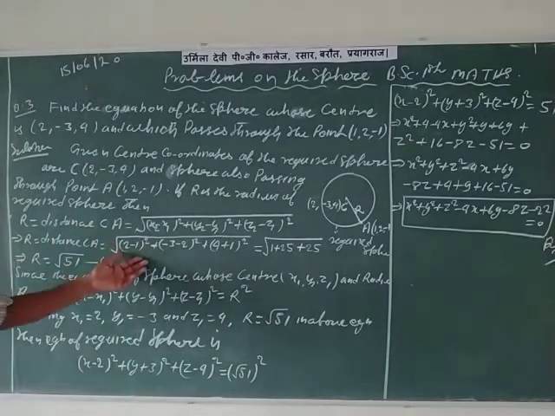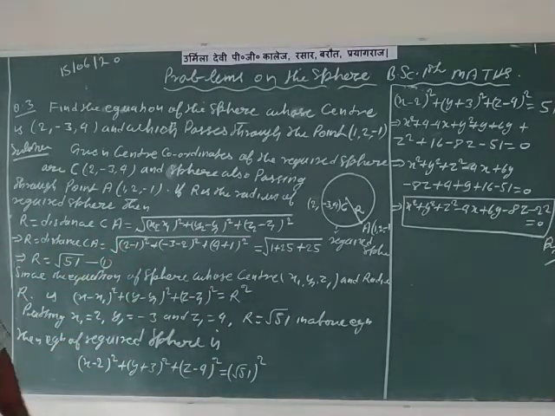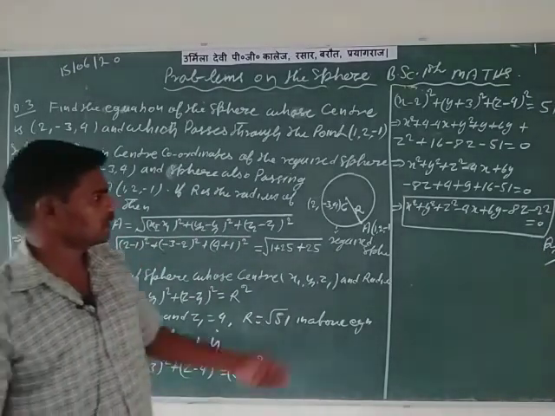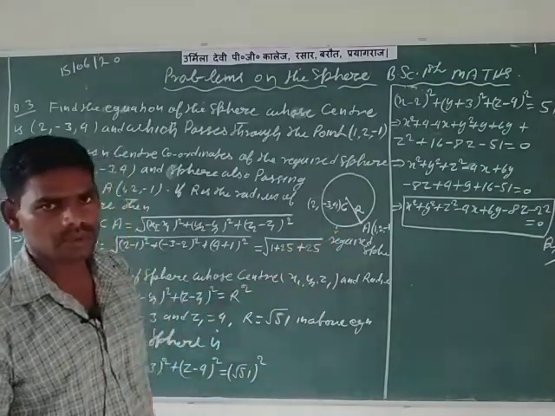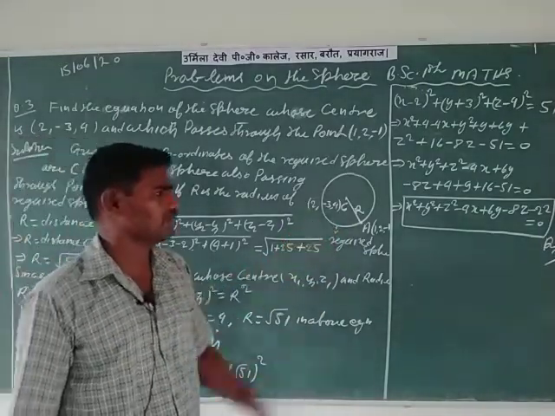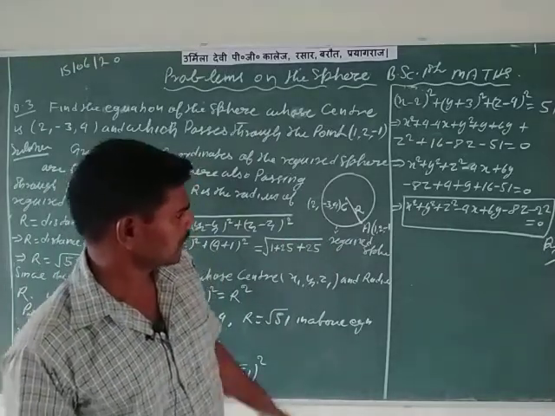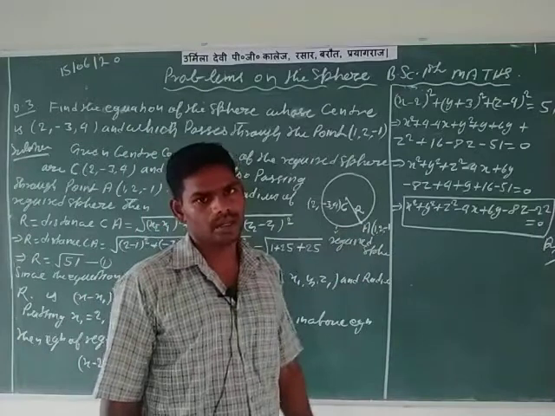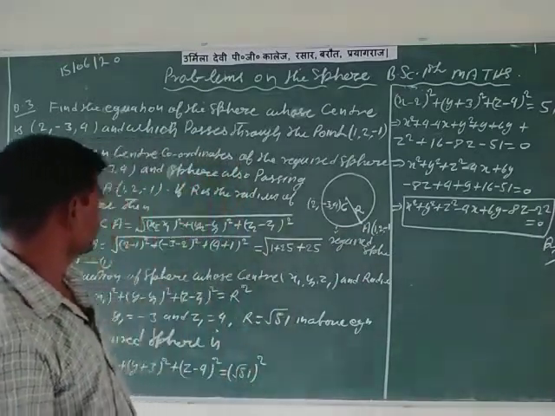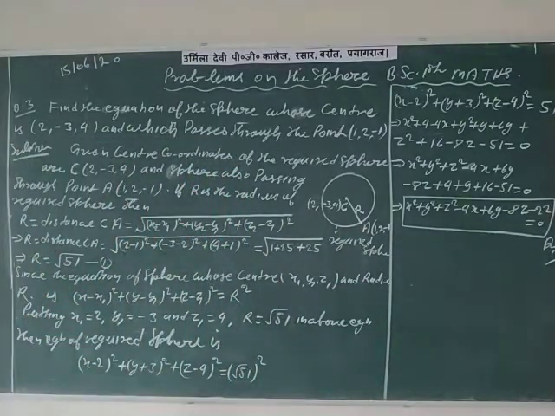Putting all the values of x1, y1, z1, x2, y2, z2, since C is taken as first point, x1, y1, z1 come from the coordinates of point C and x2, y2, z2 from the coordinates of point A. Putting all these values in the distance formula, the radius is equal to under root 51. This is represented by equation first.